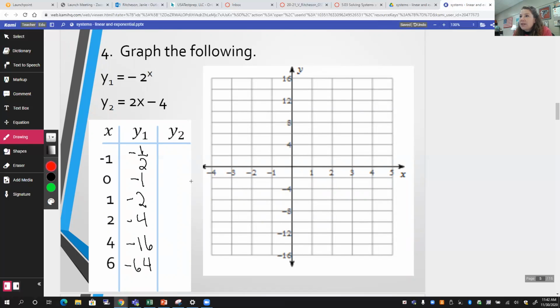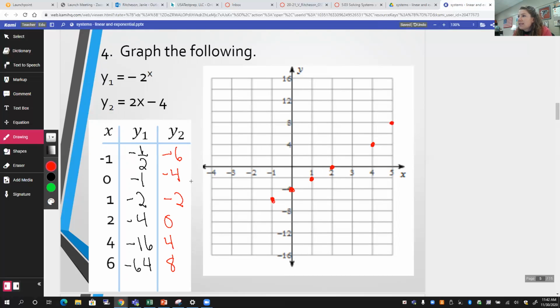And then we'll do the red. So our second equation, that's our linear one, right? We have -6, -4, -2, 0, 4, and 8. I'll do the red one first. So -1, -6, 0, -4, 1, -2, 2, 0, 4, 4, and 5, 8.